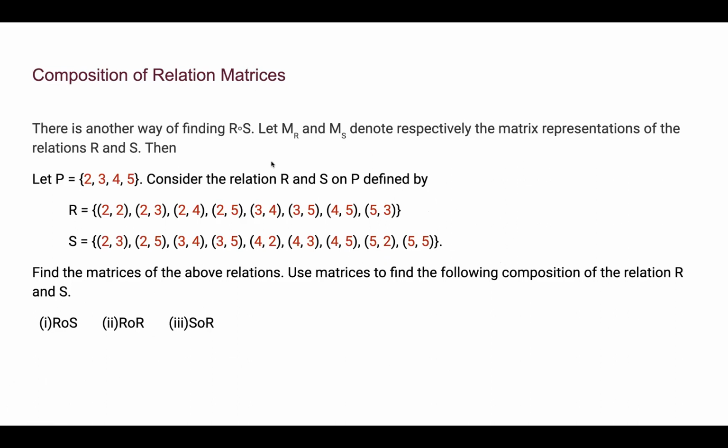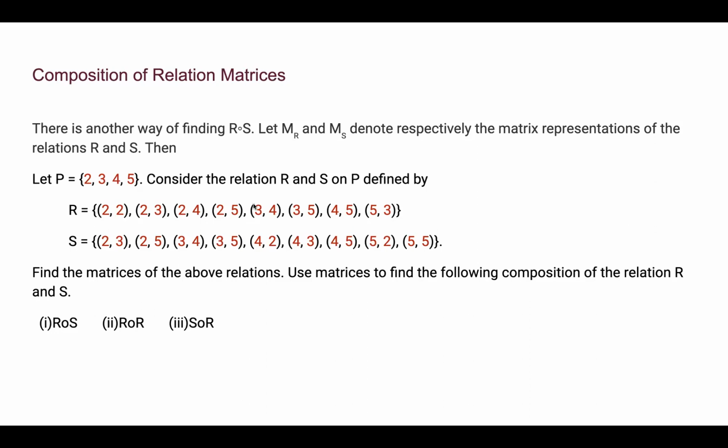Now there is another way. Let MR and MS denote the respective matrix representations of the relations R and S. MR is the matrix representation of R and MS is the matrix representation of S.